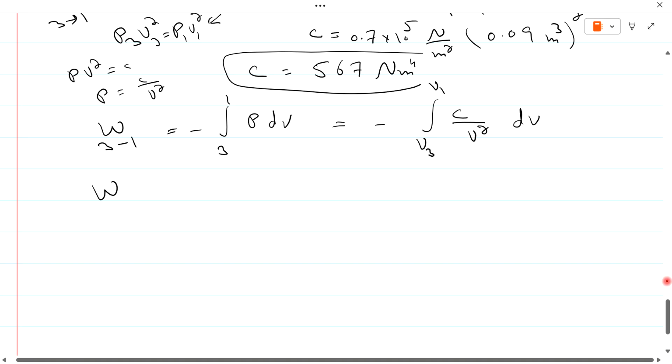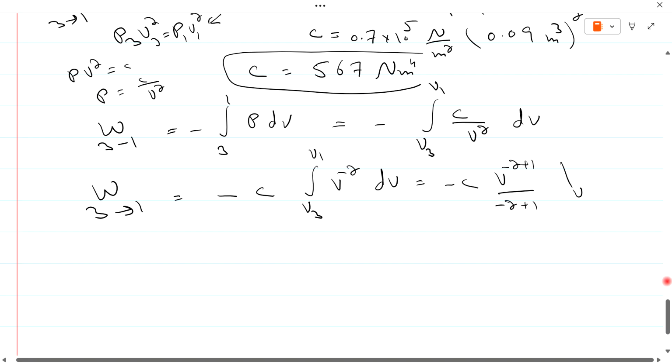So W from 3 to 1 is equal to minus C, since C is constant, and 1 over V square is V power minus 2, integrated from V3 to V1 dV, which is equal to minus C. Take integration, minus 2 plus 1 divided by minus 2 plus 1. Lower limit is V3, upper limit is V1.